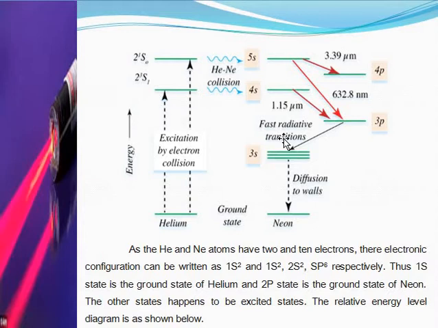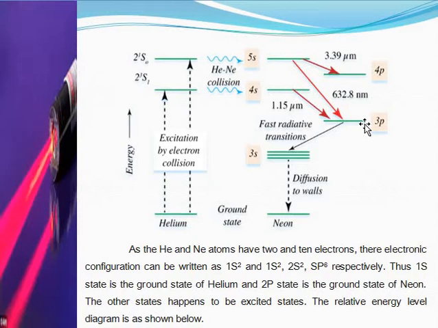Hence, losing the energy, the 2s state of the helium atoms again returns to the ground state, that is the 1s state. Thus, the number of neon atoms in the 4s and 5s states keeps on increasing. As soon as population inversion is achieved between the 5s and 3p states, stimulated emission takes place.